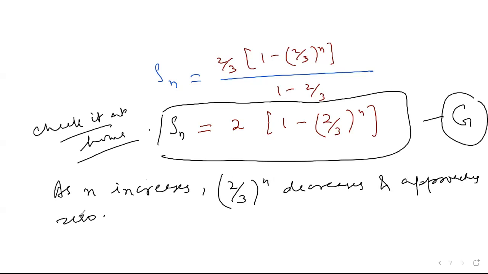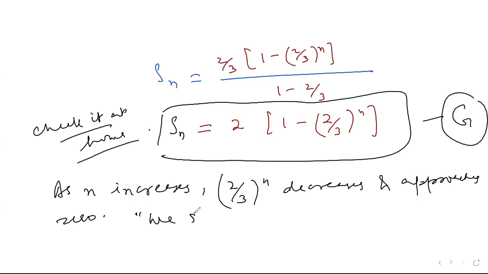I say as n increases, 2 by 3 raised by n decreases because 2 by 3 is less than 1, and it approaches 0. Then the sum of n terms approaches 2. Because when 2 by 3 raised by n decreases as n increases and approaches 0, this Sn, which is the sum of n terms, approaches 2 as n increases. And we say that the sum of the series is 2.